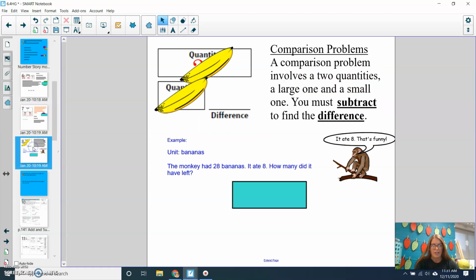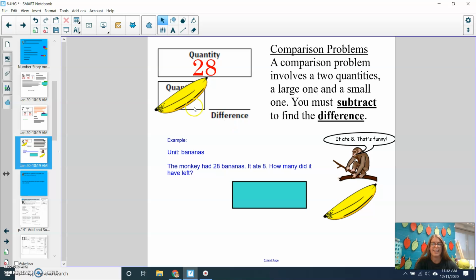The last diagram that we work with sometimes is this quantity difference, and this is for comparison problems. So a comparison problem involves two different quantities. It's going to involve a larger number and a smaller one, and we need to subtract to find the difference. So in this question, the monkey had 28 bananas.